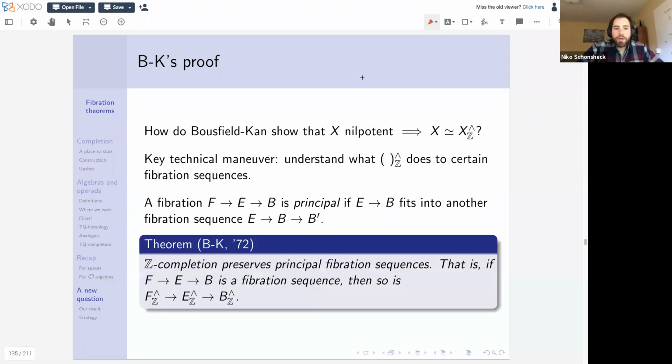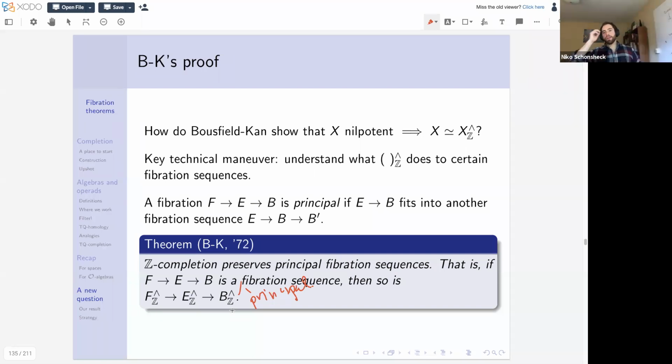What they show is that Z completion preserves these sequences. So if you hand me F to E to B, that's a principal fibration sequence, then it still is after completion. Sorry, there should be a principal here.